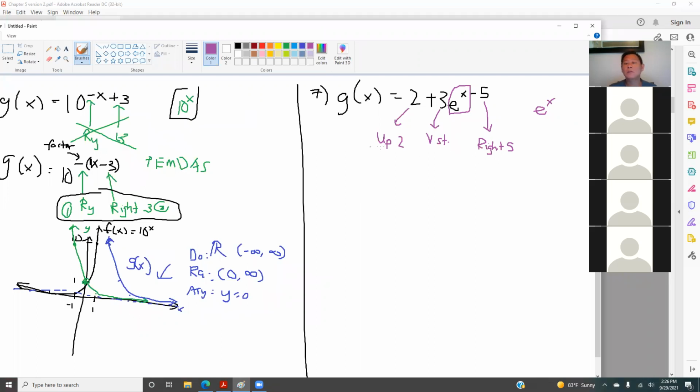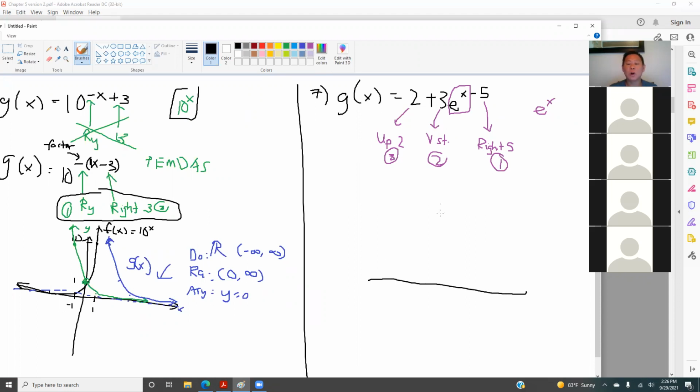PEMDAS. To the right, the exponent. Yep, exponents, because it's exponents. And what's next? Stretch. Because that's been multiplied, because there's 3 times of it. And the last one is always go up and down. Okay, so make sure you guys know this. This is very, very important.